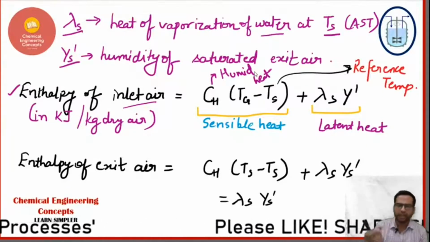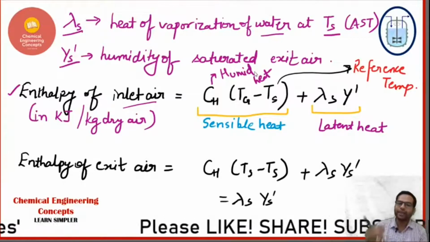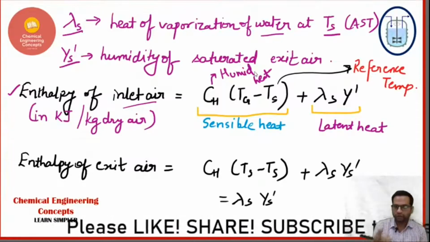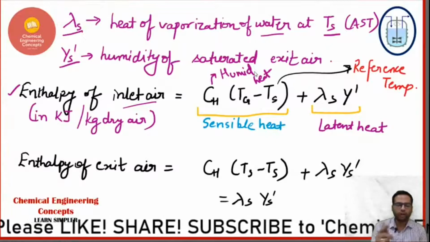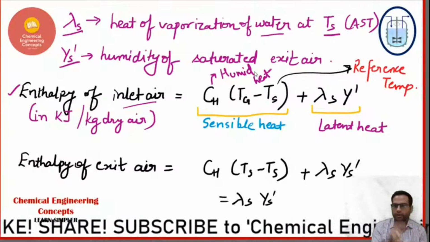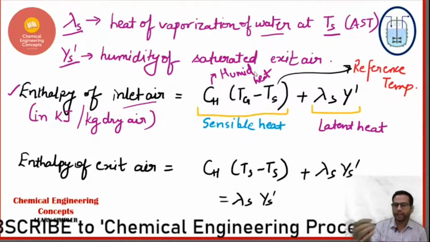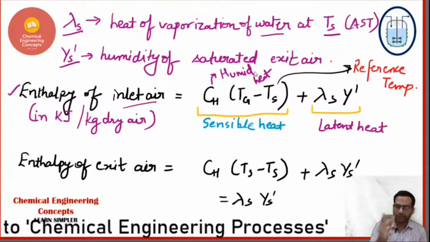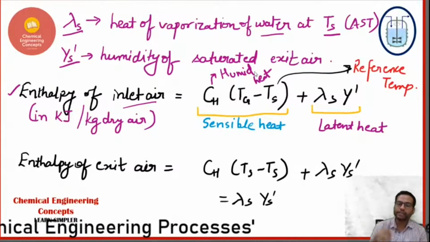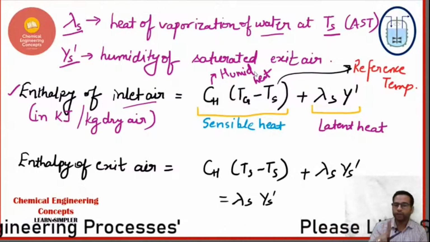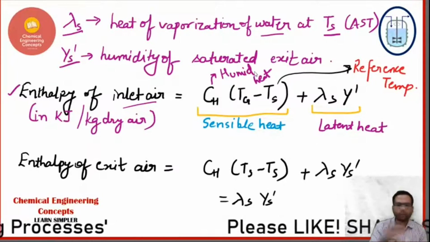It is the heat required to raise the temperature of simply a unit of air and its accompanying vapor by 1 degree centigrade. Okay, so that amount of heat will be required to raise the temperature of one unit. The unit could be 1 kg, 1 mole, anything.